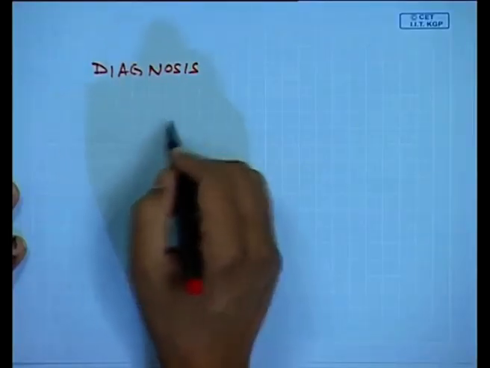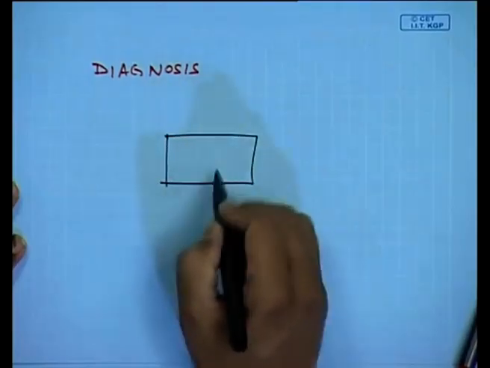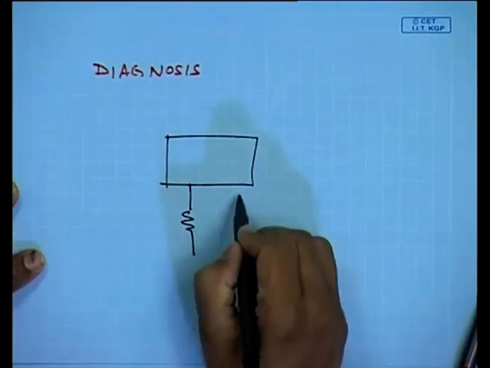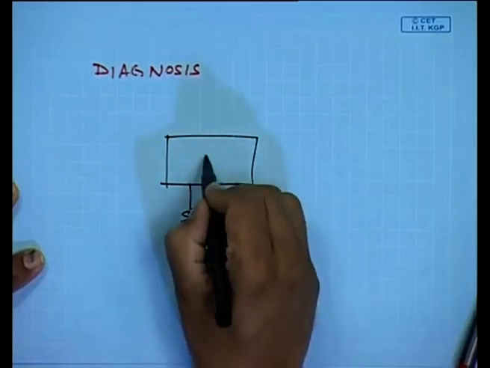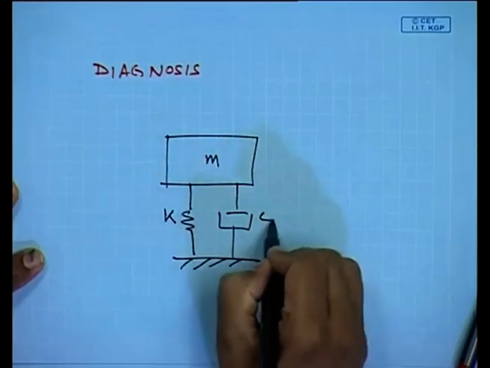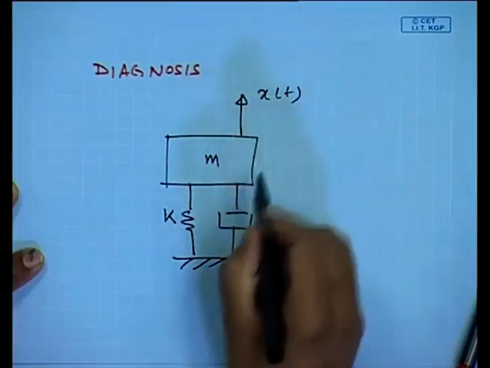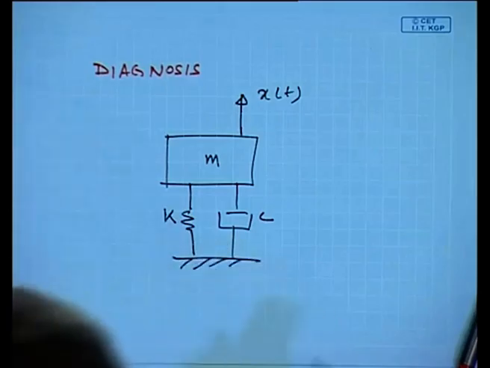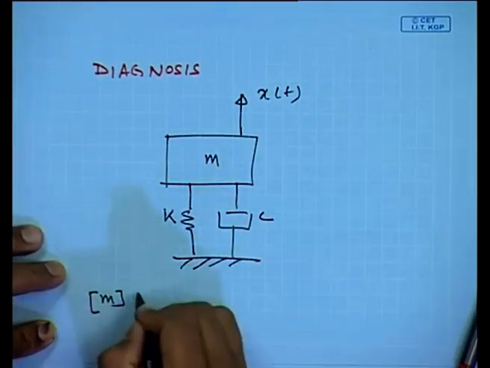I will give you a simple example here. Suppose I have a system, a simple mass spring dashpot system, and I have got a certain response because of a fault in it. So, I can write the equation of motion of this system.